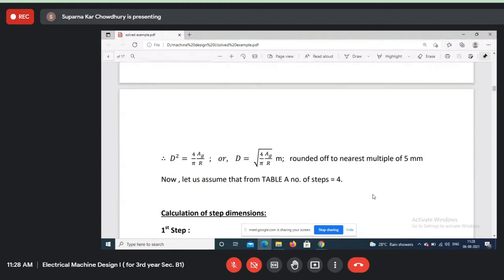And if you go for 290, then when you calculate back, you will see that your flux density has increased slightly above 1.75. So that depends on the designer how you select it.